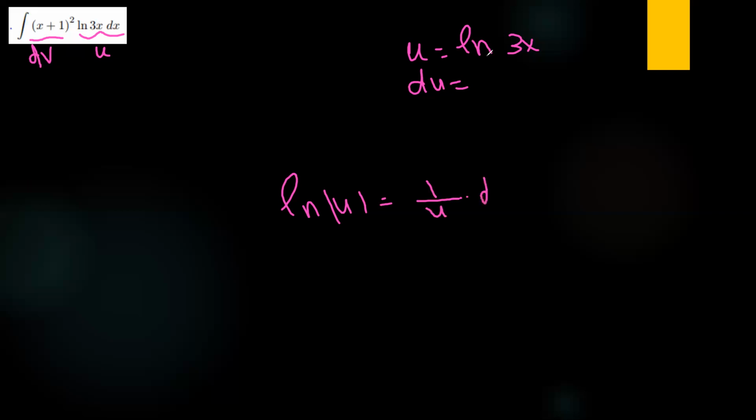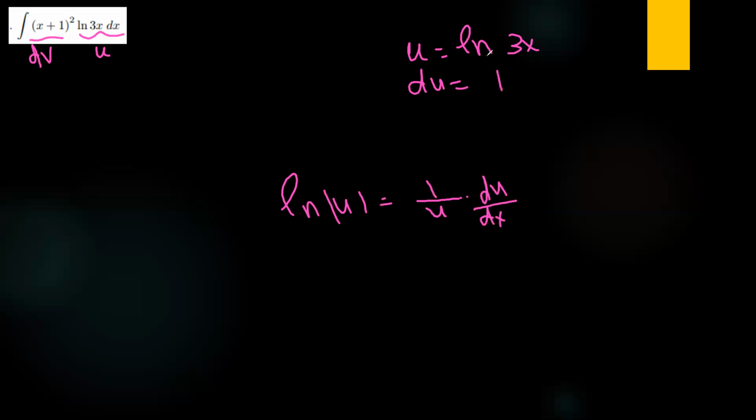Then if u is ln 3x, what is the derivative du here? For ln 3x, what is the derivative of ln u? It is 1 over u times du over dx.